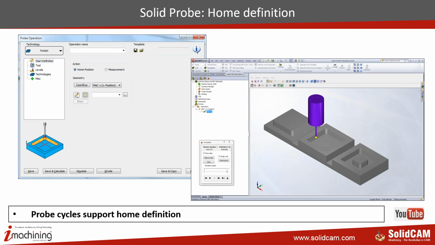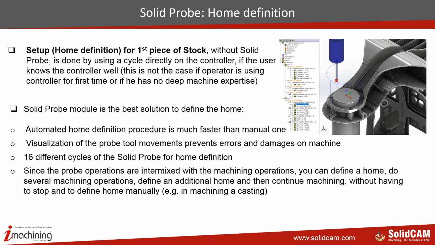Also, there are cases when working with your solid probe and your stock, you may have to take a home position off a circle that's in the part itself. Why? Because you want to be exact. So putting it up against a stopper is not the answer in those particular cases.